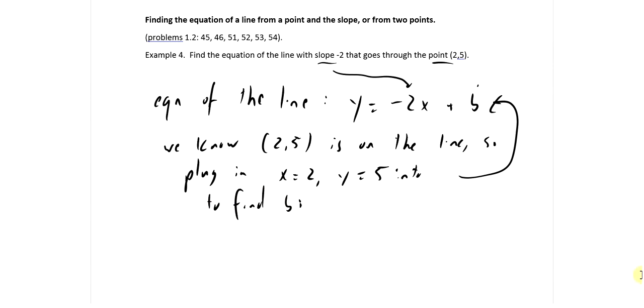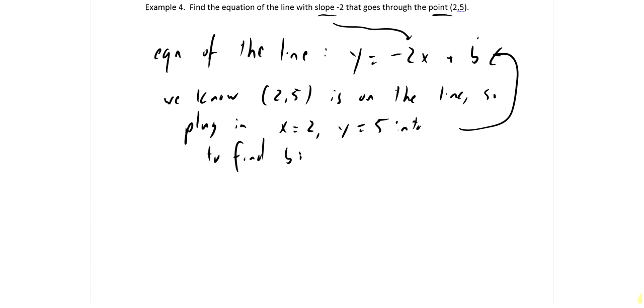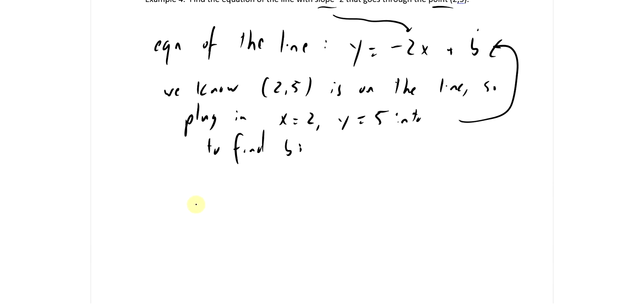Right. So what we have then is, if we plug y equals 5 in, we get 5 equals minus 2 times x, which is 2, plus b. Or 5 equals minus 4 plus b. Adding a 4 to both sides gives me 9 equals b.